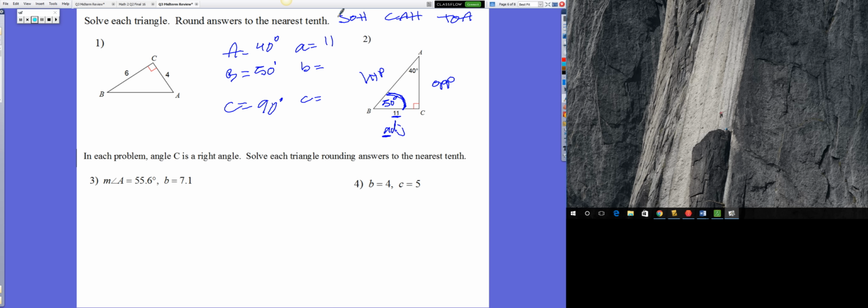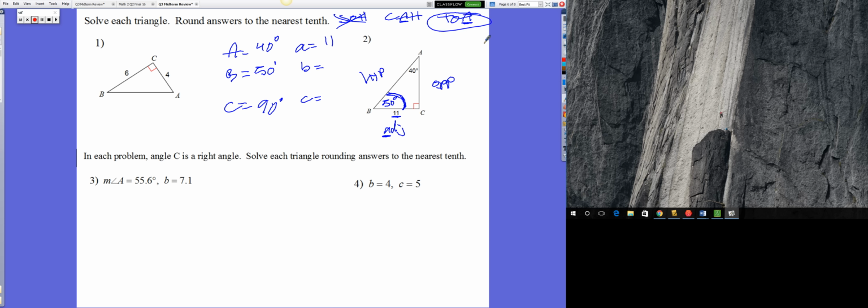So sine is out of the question. That one uses adjacent and that one uses adjacent. So do I want to find O, the opposite, or do I want to find H, the hypotenuse? And it does not matter. So I'll do this guy.